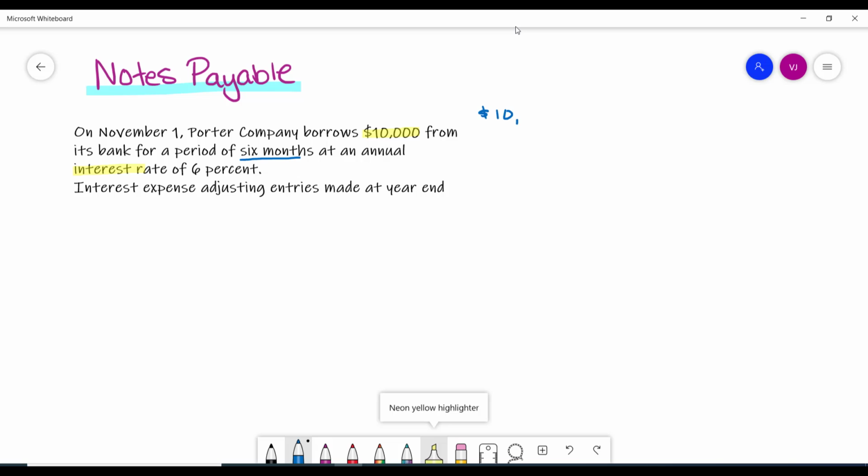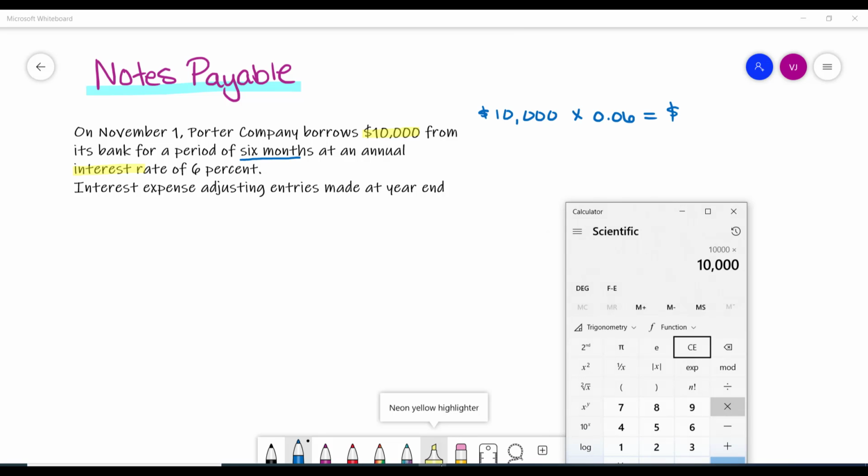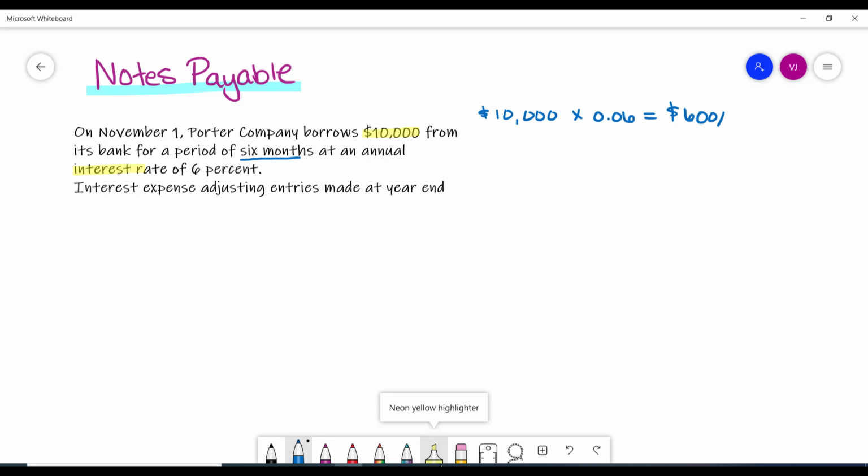Well, we need to take the principal amount of the loan, multiply it by our interest rate of 6%, and this would be for an entire year, right? So let's find out a whole year's worth of interest. We'll take $10,000 times 6%, that's $600. Well, that's for a full year, so we're going to take that $600 and divide it by 2 to find out what interest would be for 6 months. So that's $300 of interest for 6 months.